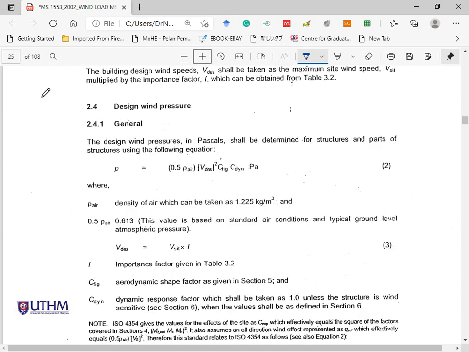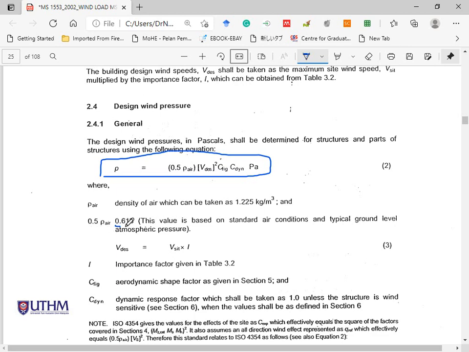Okay, so this is page 25, clause 2.4. This is equation number 2 to calculate the wind pressure using the analytical method. The density of air can be taken as 1.225, and multiplying with 0.5 is equal to 0.613.